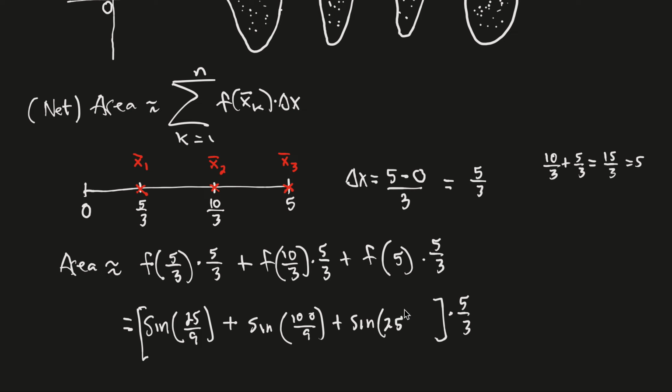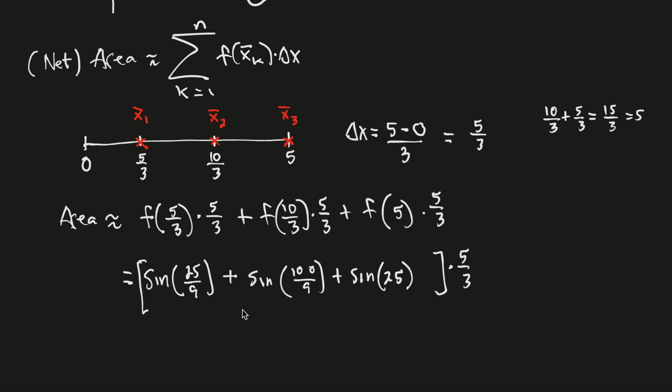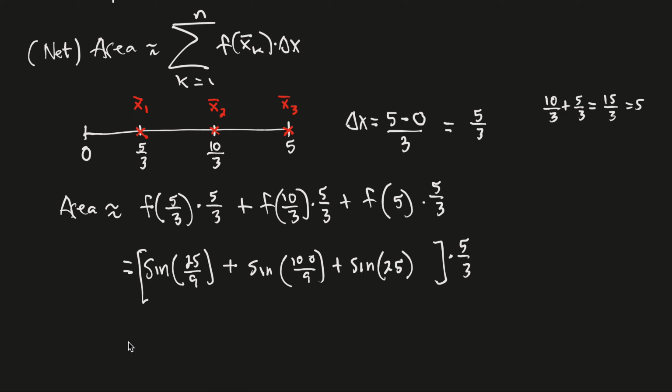So this is where I'm going to have you try this calculation on your own. I'll tell you what the final answer is and remind you that when you evaluate the sine of 25/9, or the sine of 100/9, or the sine of 25, be sure to use radians, right?